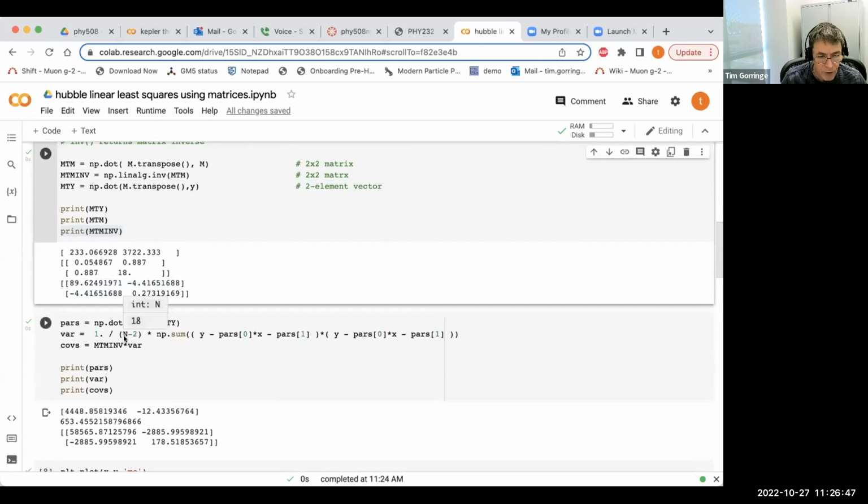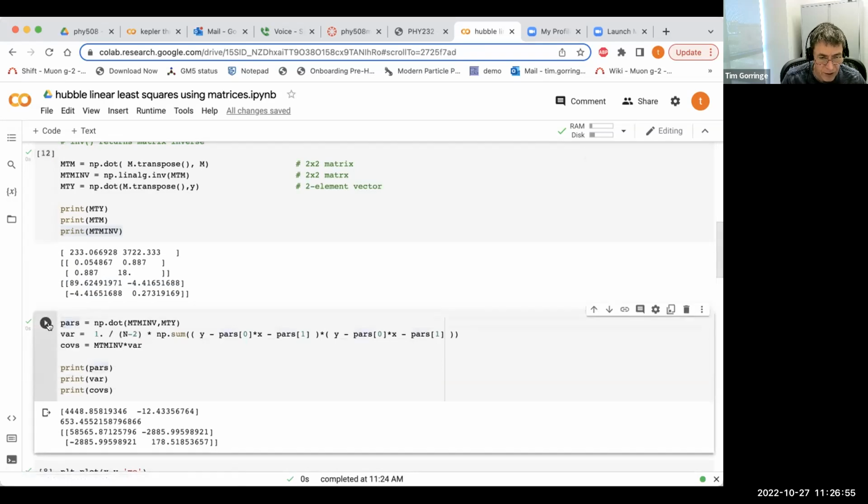It's simple for us to actually go ahead and calculate the parameters and the uncertainties. And so that's done in this final cell here. The parameters are obtained by multiplying the inverse of the product of the transpose and the matrix M by the product of the transpose of the matrix and the vector y.